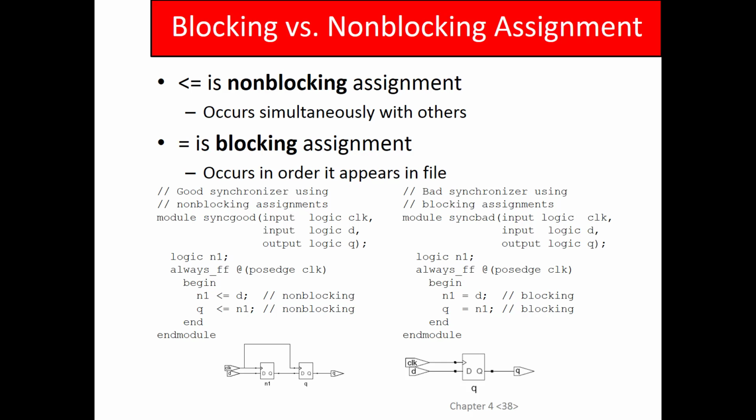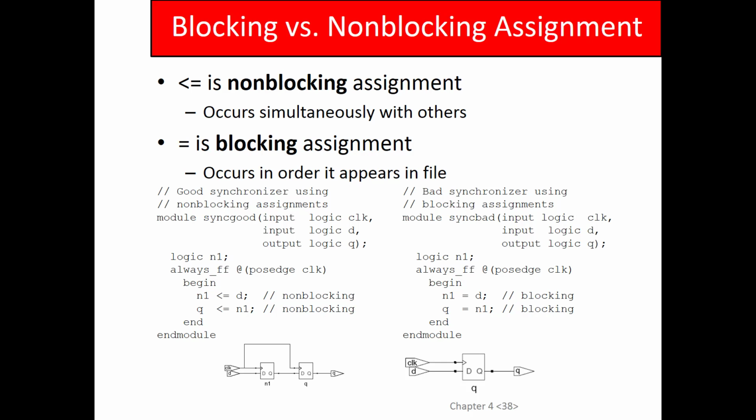So the book uses the example of having one always block here, and one always block here. This always block has non-blocking assignments. It assigns D to N1 and then N1 to Q. So when this always statement activates, the second line that uses N1 as an input is going to see the old N1, not the new N1 as set by the previous line.